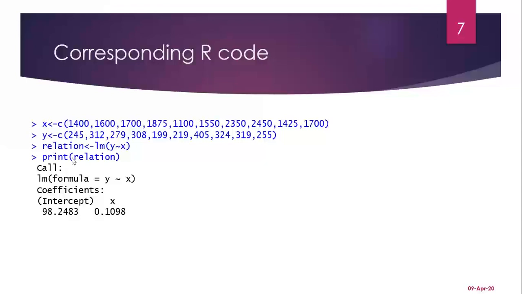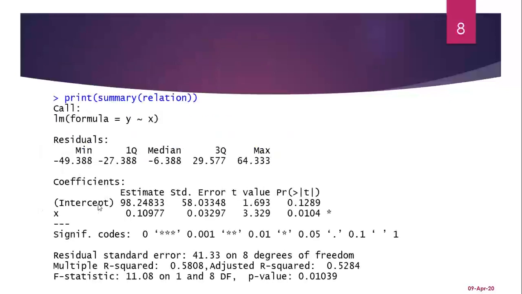And then finally, if you print the relationship, we find the coefficients. This is the main important part: the coefficients, intercept and x. This x is nothing but the coefficient of x, and the intercept is nothing but b. What does this signify? We can see through a graph later.